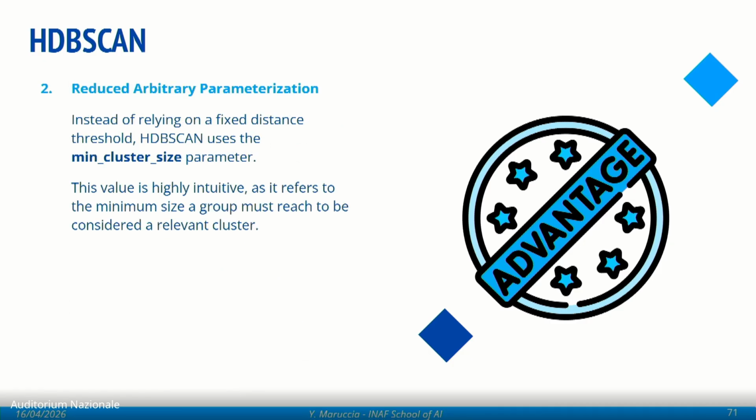Another advantage is that we are reducing the arbitrary parameterization, because we don't work on a threshold, but we use the minimum cluster size and also the minimum points. The minimum cluster size is the most important parameter we have to choose within the implementation of this algorithm.